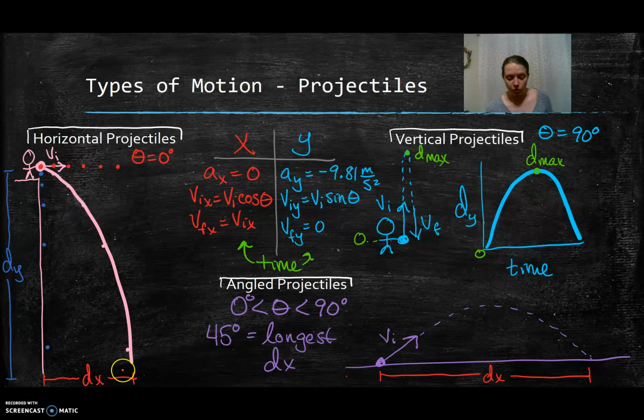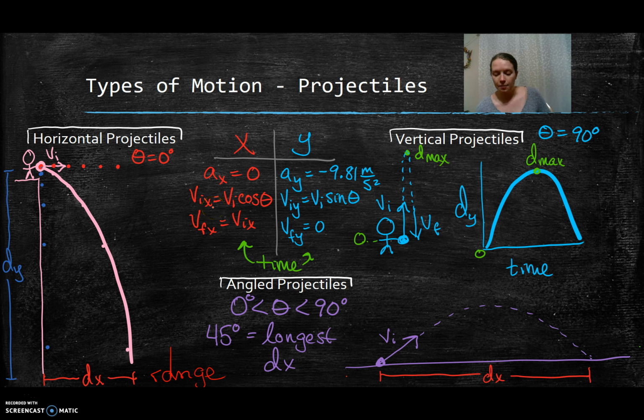So these projectiles will go some distance dx, typically also called the range. They'll fall some distance dy. So that's a horizontal projectile where all of the initial velocity is in the x direction. So if we have this generalized expression for the initial velocity in the x direction, it's vi cosine theta. For a horizontal projectile, theta is 0. So cosine of 0 is 1, and we get vix is just vi.